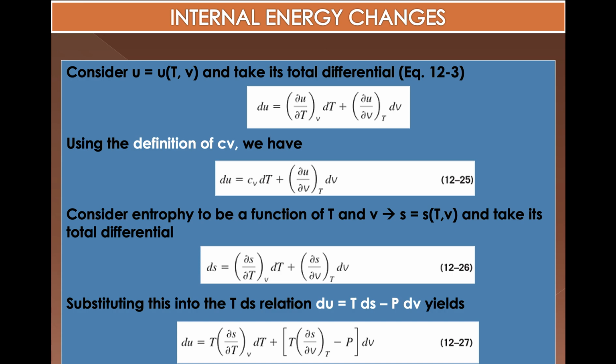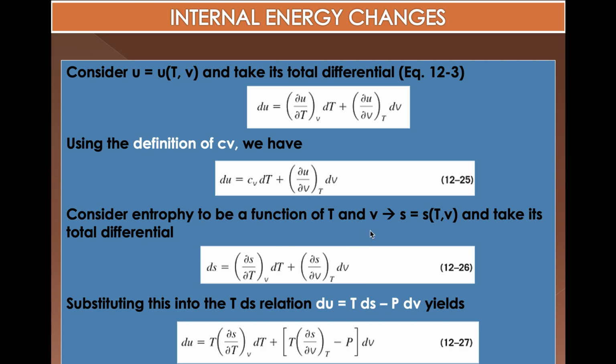Using the definition of Cv, we have dU equals Cv dT plus the same second term. Then consider the entropy to be a function of T and V, S as a function of T and V, and take its total differential, so we can get dS.